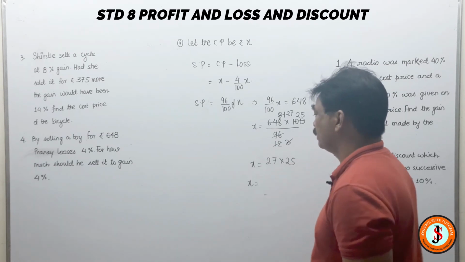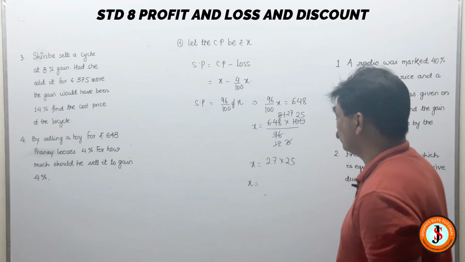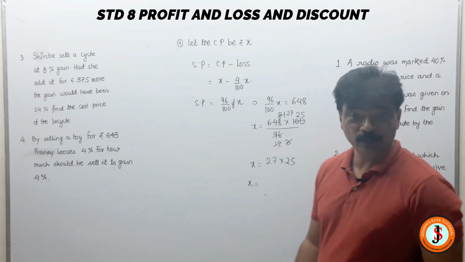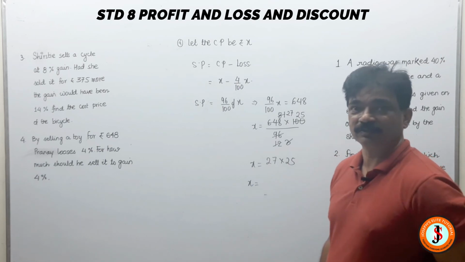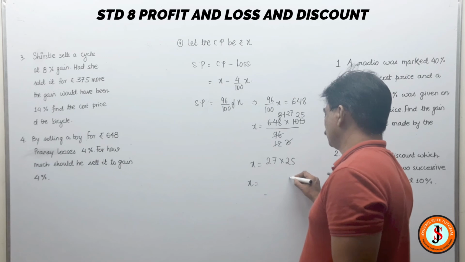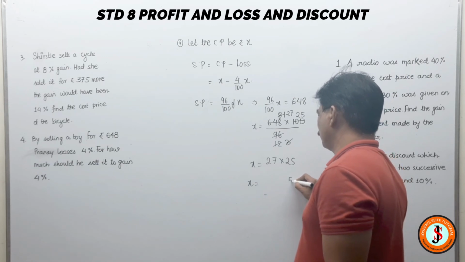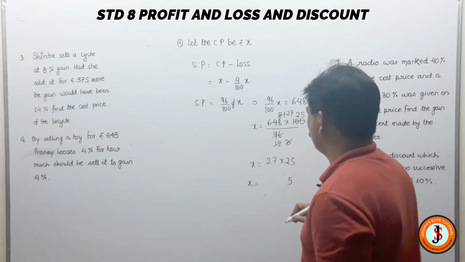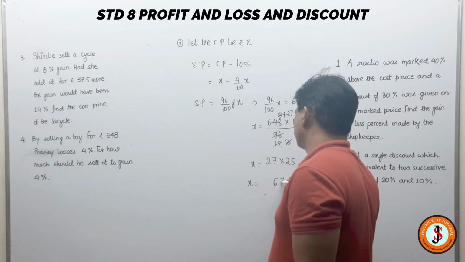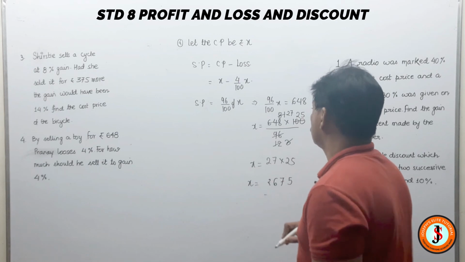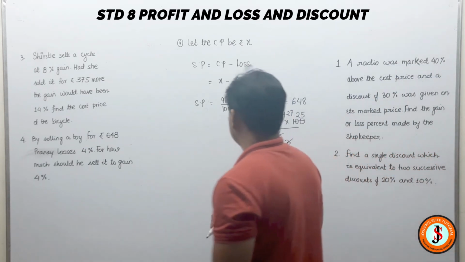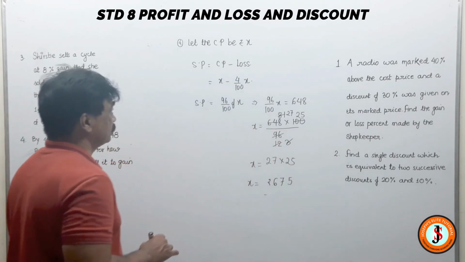Can you guess fast? Somebody calculate. It is 675. So the CP is 675. X is the CP.